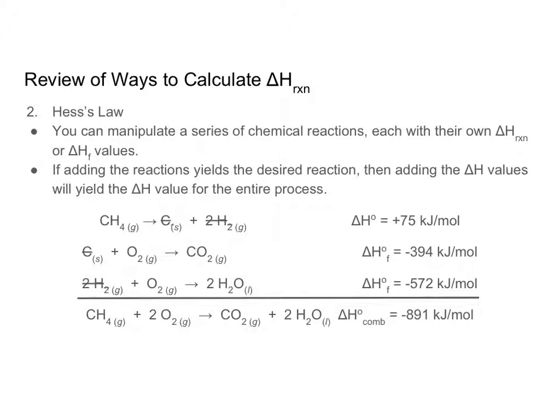In this case, I have methane decomposing into carbon and hydrogen, carbon and oxygen making carbon dioxide, and hydrogen and oxygen making water, which gives me the combustion reaction of methane plus oxygen makes carbon dioxide and water. As a result, the sum of the enthalpy of formation reactions for these three steps is the total enthalpy of the actual reaction. And we've done that before.